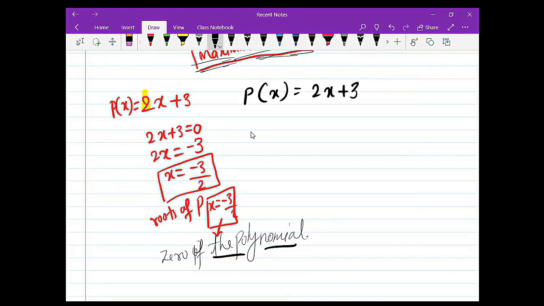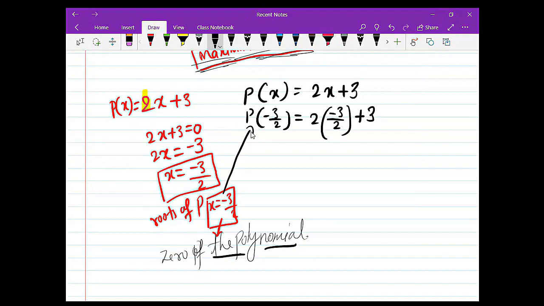When we put this x value in p of x, that is p of minus 3 upon 2 equals 2, and put x value minus 3 upon 2 here. Here the numerical value is x, minus 3 upon 2, 2 into x. Now it is plus 3: 2 into bracket minus 3 upon 2 plus 3.